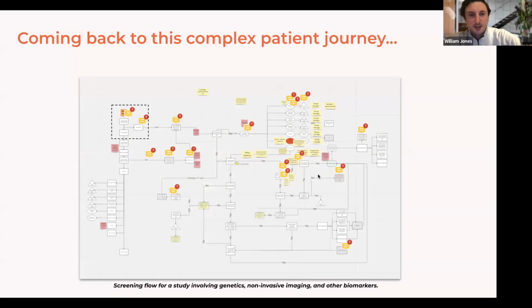Hopefully this gives you some idea of the way that we think about this quite complex study design process. Really it's about decomposing the process map into a set of flows that can be joined together.